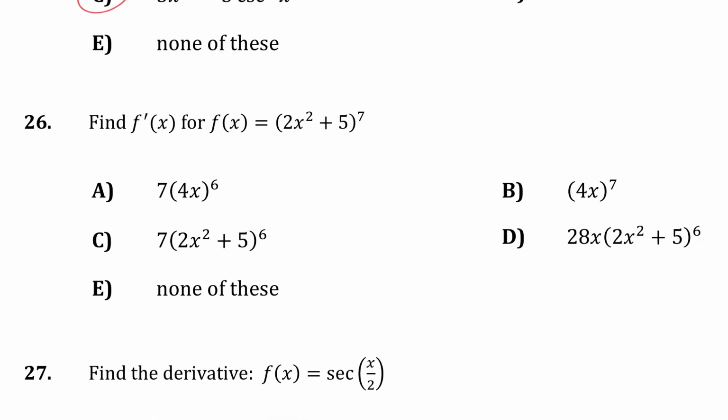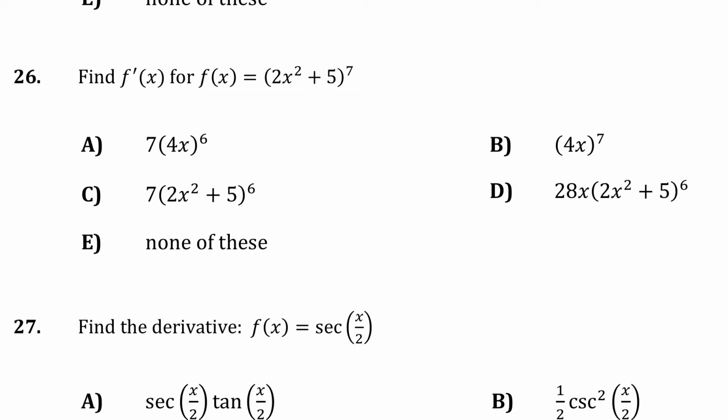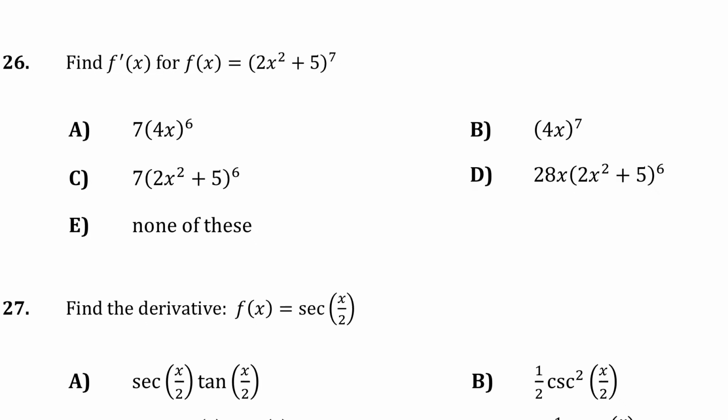Almost. Find f prime of x for f of x is that. Big old chain rule, huh? So that would be equal to 7 times the inside, 2x squared plus 5, to the 6, and then times the derivative of the inside, which is 4x.